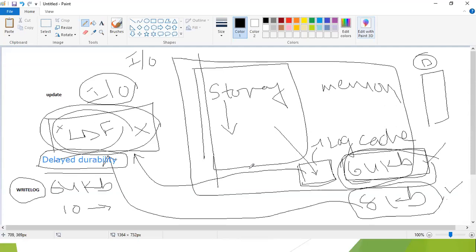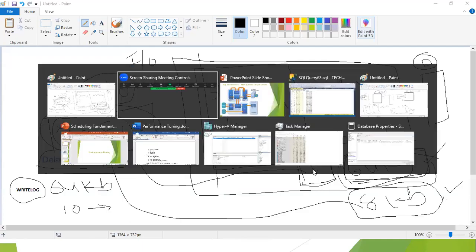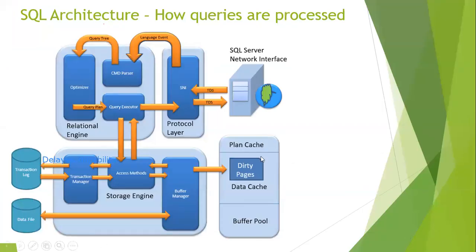So you cannot roll back because the data is not available in the transaction log file. Okay, so that is how the transaction manager and modifications work. Any questions?